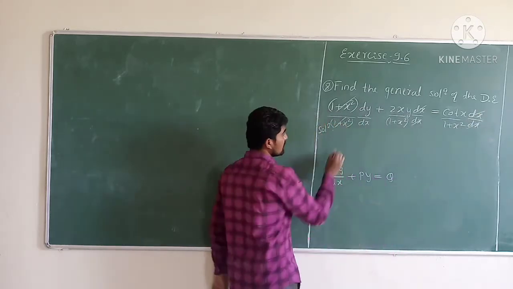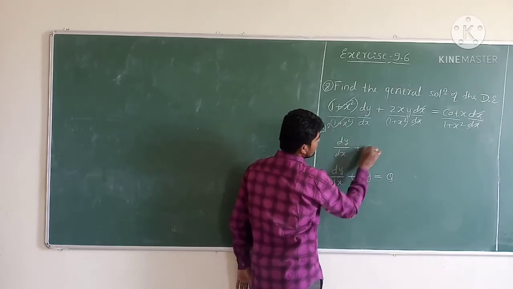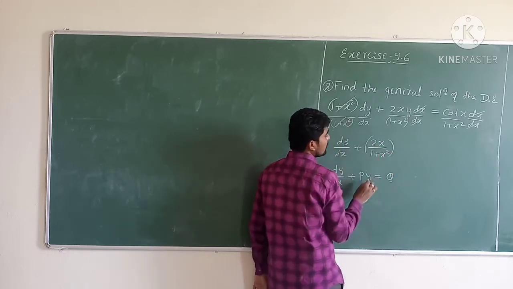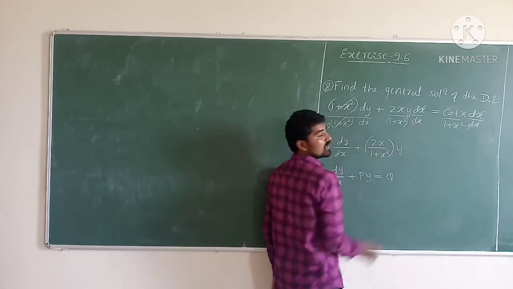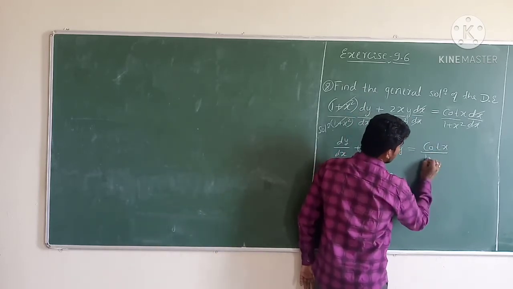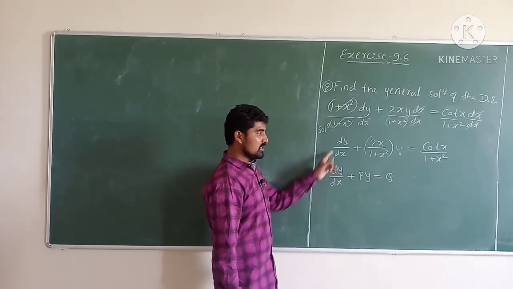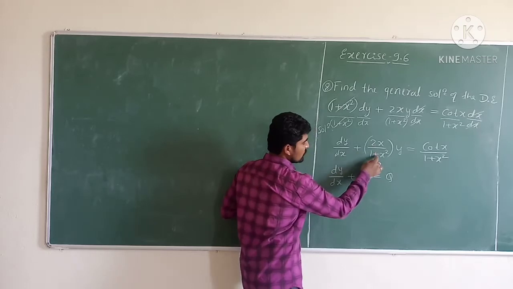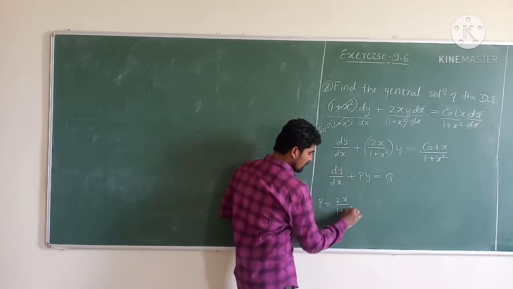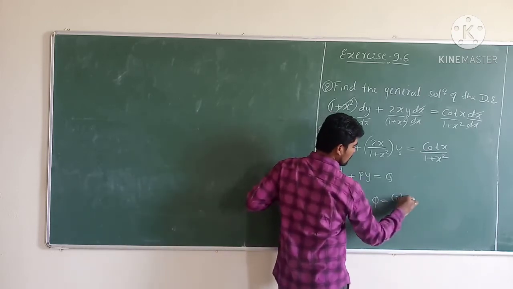The remaining is dy by dx plus 2x divided by 1 plus x square into y is equal to cot x divided by 1 plus x square. On comparing, we get the value of p is equal to 2x divided by 1 plus x square, and the value of q is equal to cot x divided by 1 plus x square.